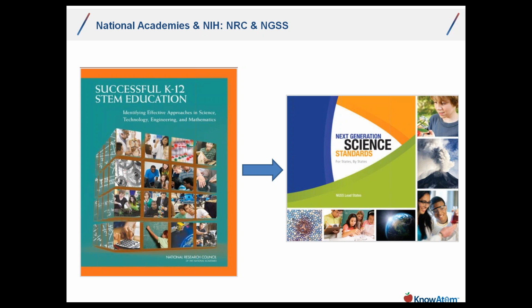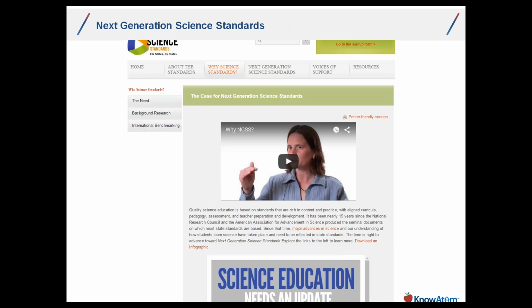The Common Core state standards were much more of a political process in terms of their origin than the Next Generation Science Standards have been. There's been quite a political process in terms of how they were developed and rolled out. But that's why we see a lot of different language here.